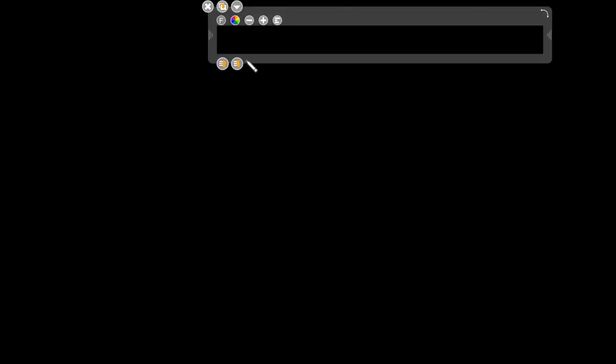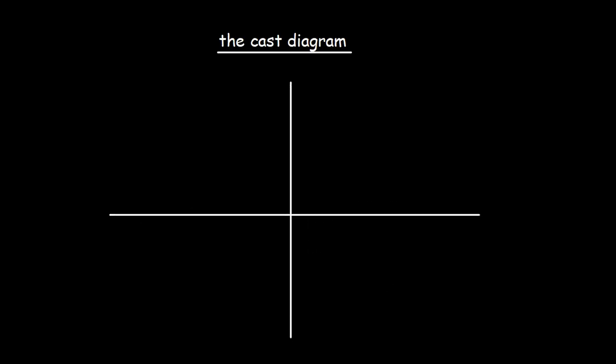Your CAST diagram is a way of arranging these angles or looking at them graphically. So what we usually do is draw the diagram like this, and then we count our angles from this line to that line, because at the end of the day, what is an angle?